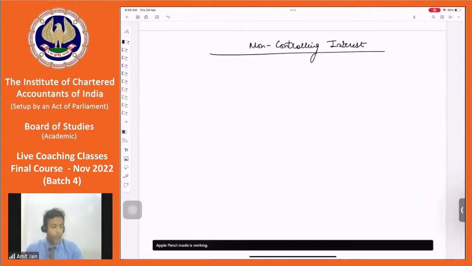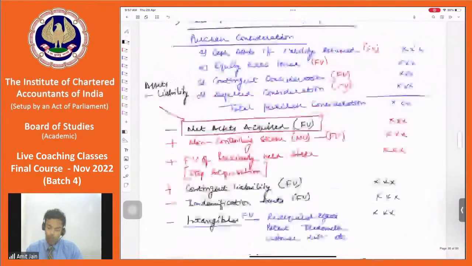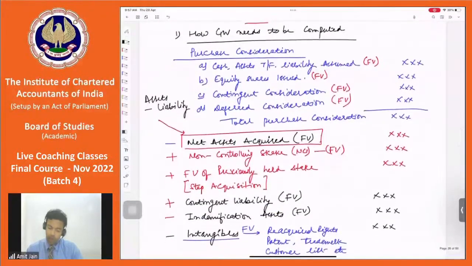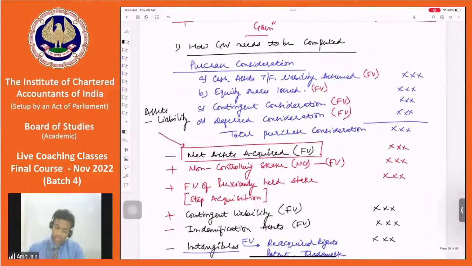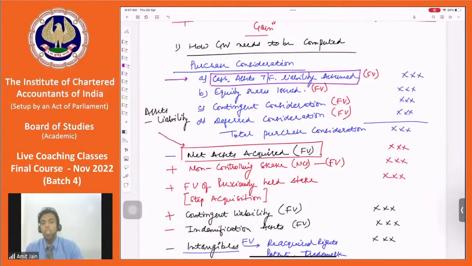So Jay is asking why indemnification asset, etc. is not already part of purchase consideration, a point above. So Jay, I have bifurcated here. All these assets and liabilities are those which I have acquired, and this is basically the consideration, how the consideration is discharged, right? For example, I have acquired a business of 100 crore rupees.